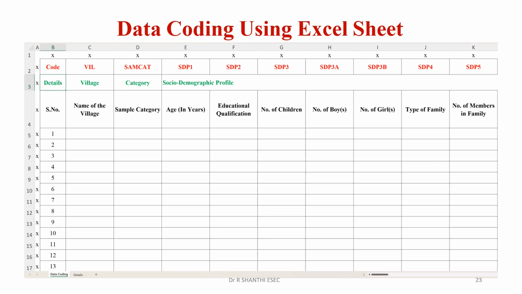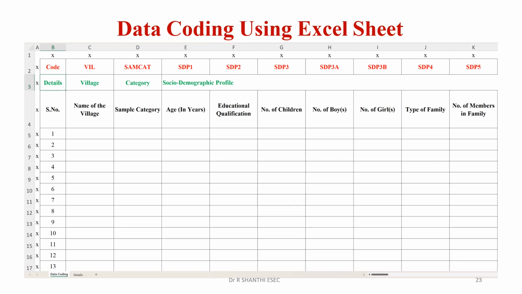As I said, there are 2 views. One is data view and the other one is variable view. In the data view, all the data which were in the Excel sheet will be copied and pasted over there.